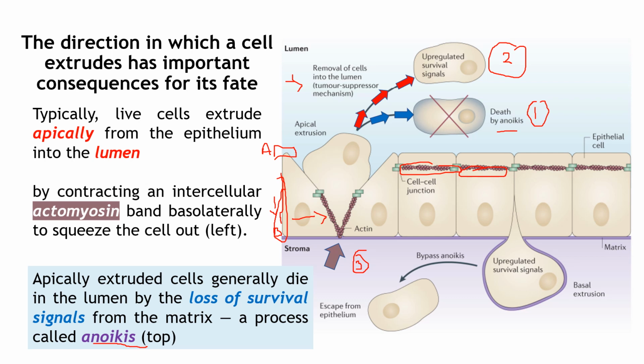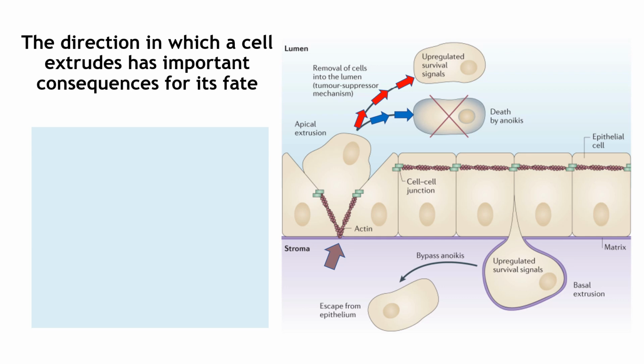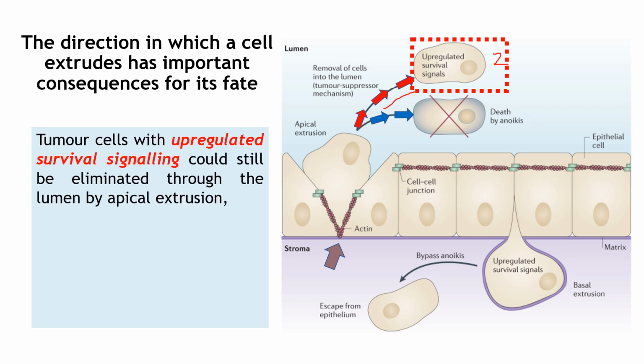However, there is something slightly different. Generally we say that as they don't have the signals, they die, but they say something else. What they are describing here with the red arrows is that this could be a tumor suppressor mechanism. Why? Because imagine that you have cells that have upregulated survival signals.